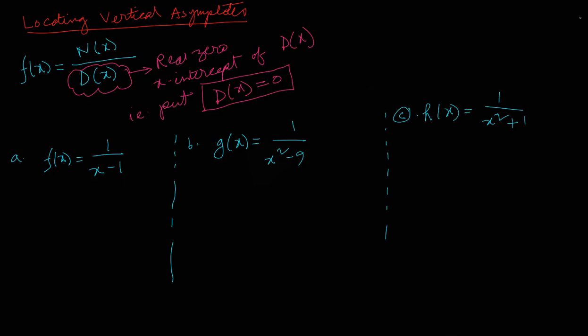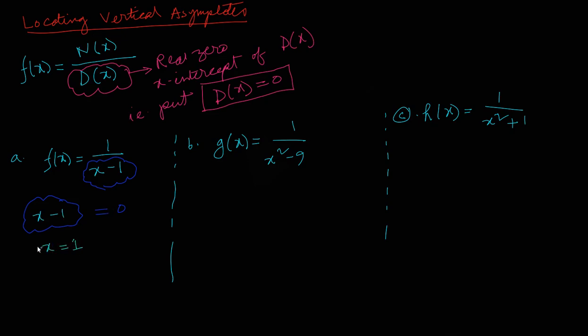So let us see the first one. We know what my denominator is. My denominator is x minus 1, so I need to equate the denominator to 0 to find my vertical asymptote. So x minus 1 needs to be equal to 0, so x equals 1.